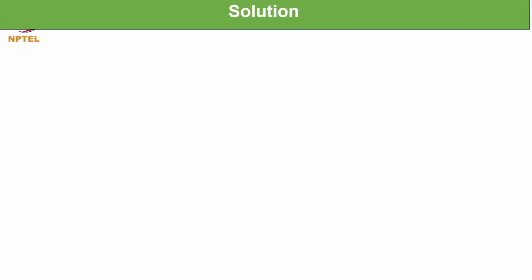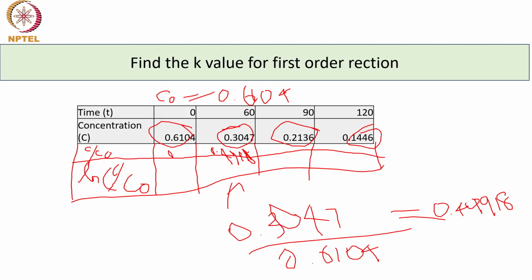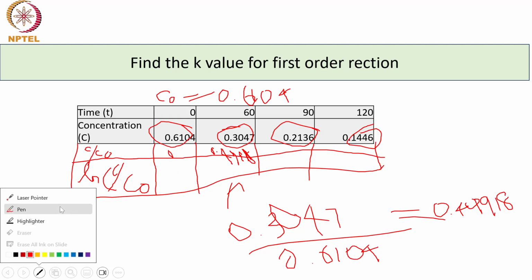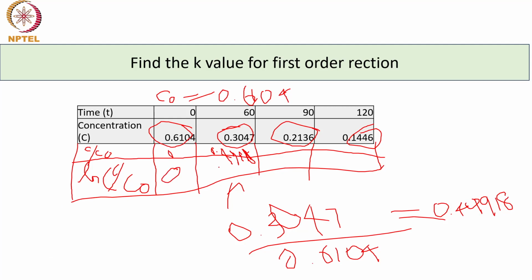Fine. Now you find ln of C by C naught. Ln of C by C naught for 1 will be 0, right? Here it will be 0. Here what will be the answer? Ln of 0.4918.